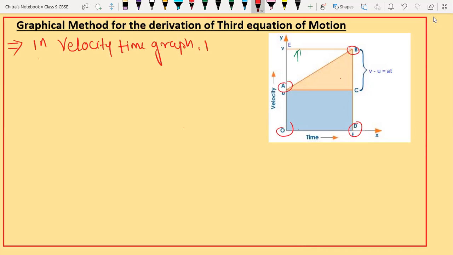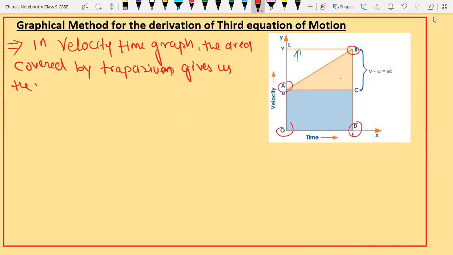In velocity time graph, the area covered by trapezium gives us the value of... So what are the points for the trapezium in my diagram?